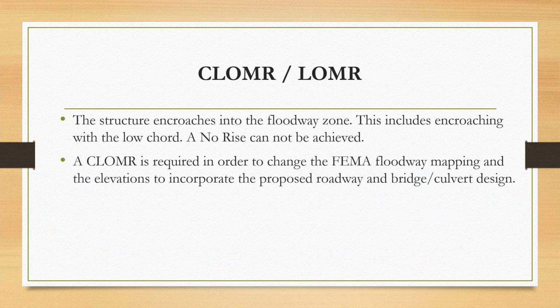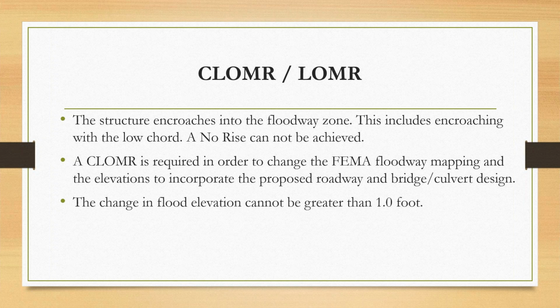So a CLOMAR is required in order to change the FEMA flood mapping and the elevations to incorporate our proposed roadway and bridge or culvert design. So it's required. We need to update the maps. We have to get approval from FEMA to do that. And so we have to go through this long process of handling this.